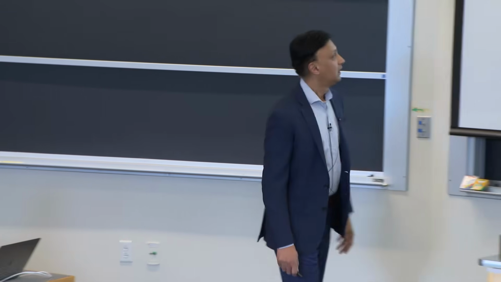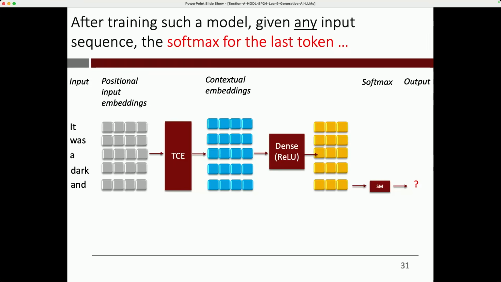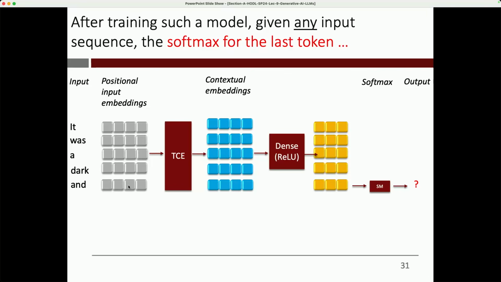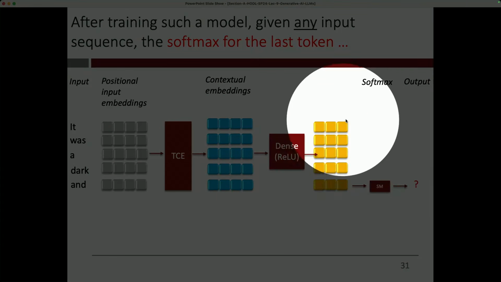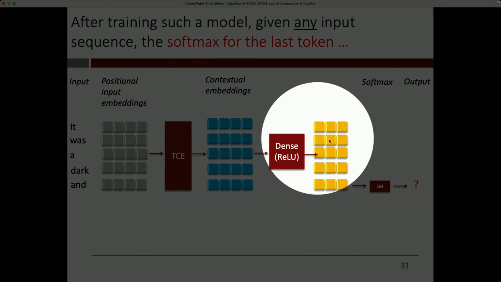All right. So once you train such a model, given any input sentence, let's say the sentence is "it was a dark and", it goes through all these layers. And remember what I said earlier, the fact that it's predicting something after just seeing each word, we don't really care.